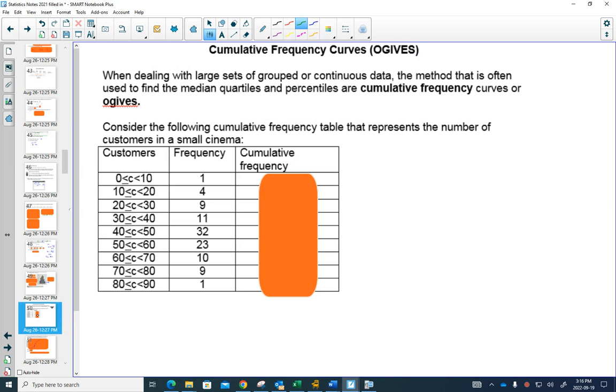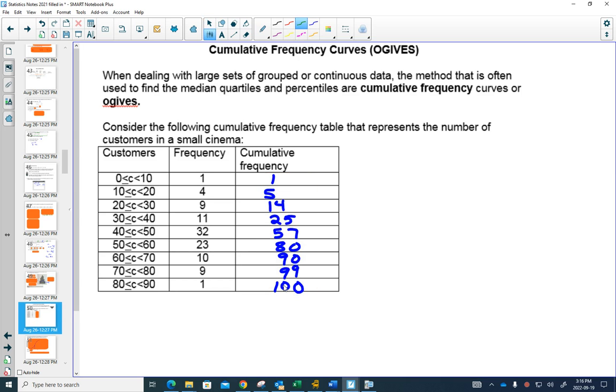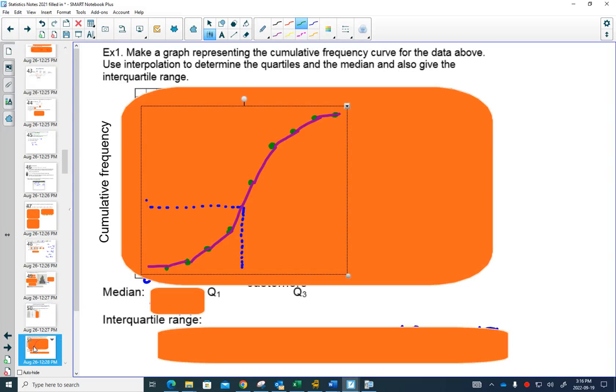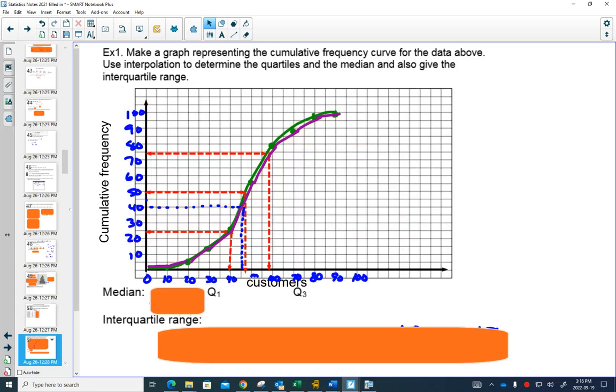So according to our chart, from 0 to 10 has a cumulative frequency of 1. So what we do is we go to the endpoint of 10, and at the endpoint of 10 customers, we label it right at 1.